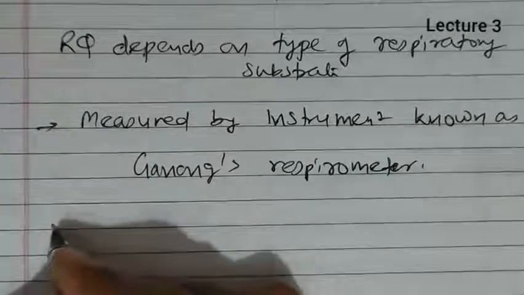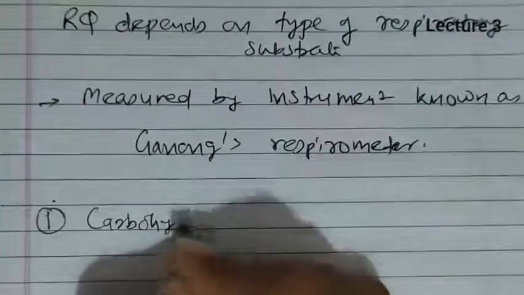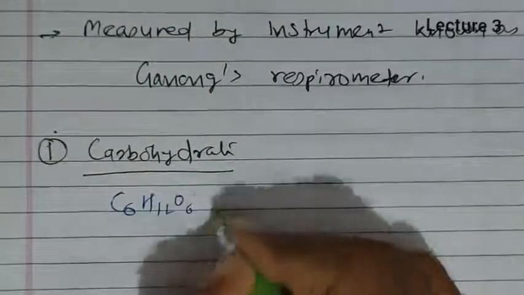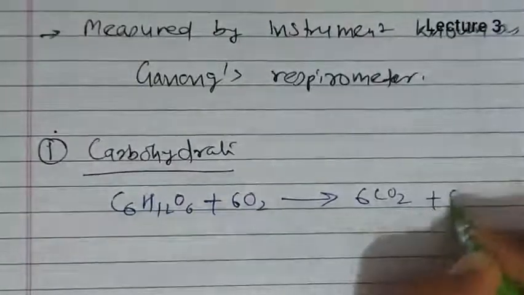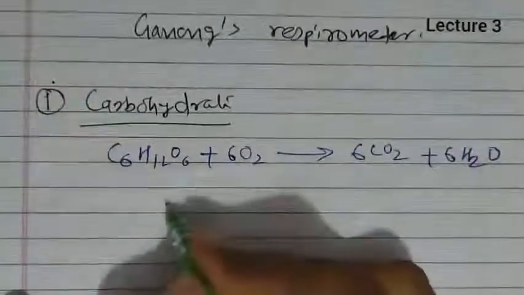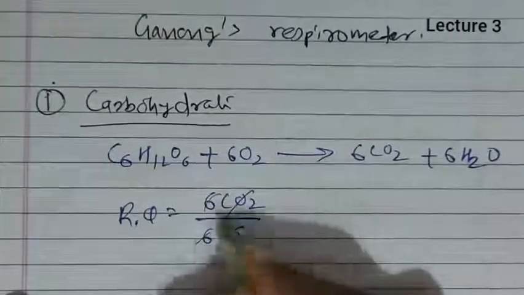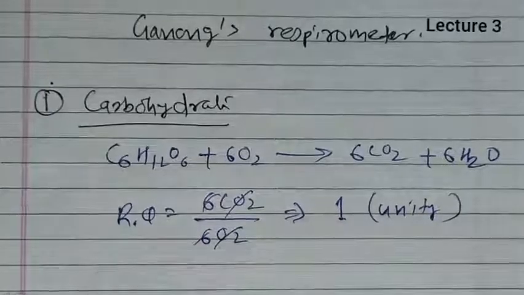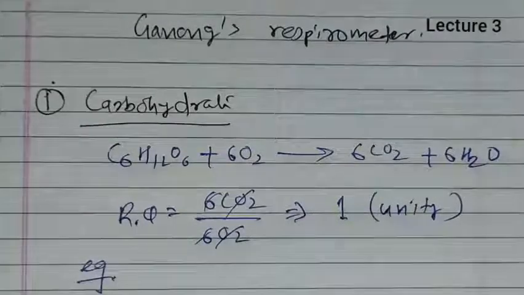Now first we are taking some examples. First, suppose the respiratory substrate is carbohydrate. In the case of carbohydrate, the reaction is C6H12O6 plus 6O2 gives rise to 6CO2 plus 6H2O. So in carbohydrate, the RQ is 6CO2 upon 6O2, meaning it comes to 1, that is unity. So when carbohydrate serves as the respiratory substrate in plant material, the respiratory quotient becomes 1.